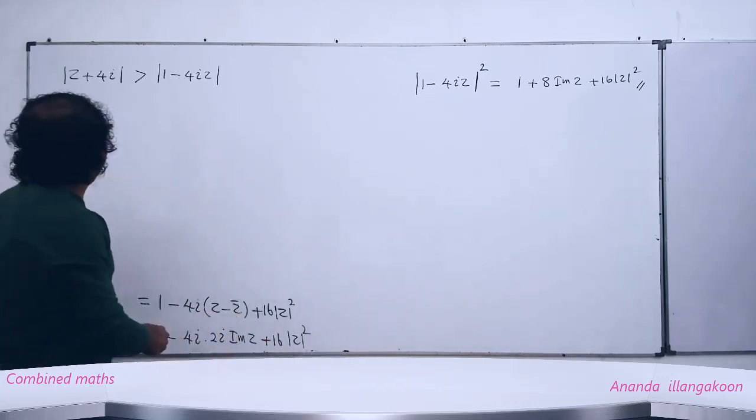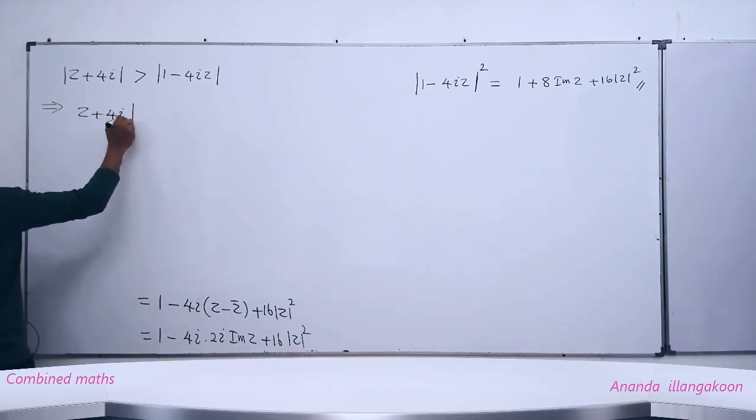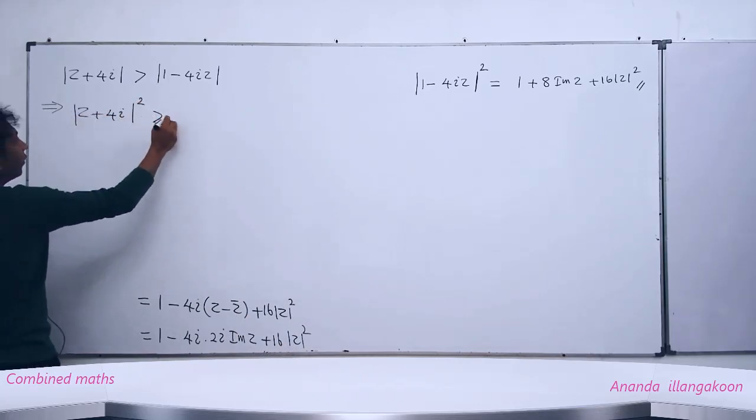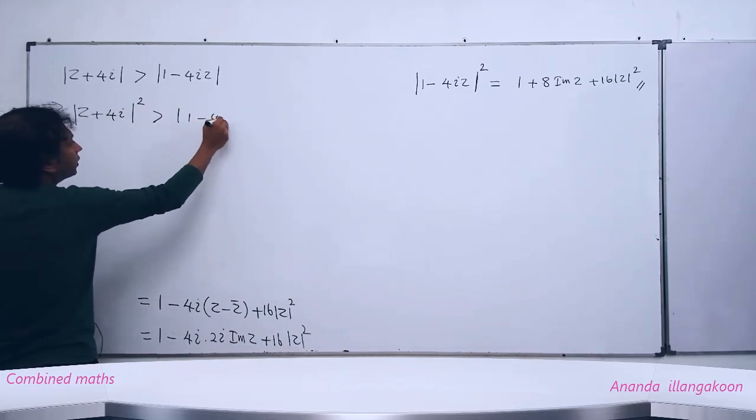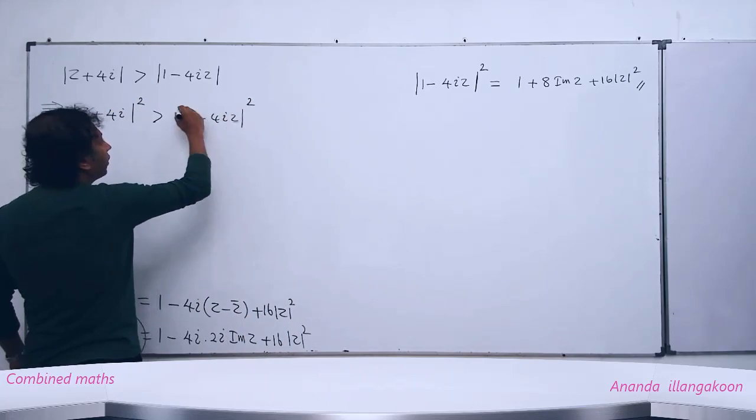Okay. So then we can write the modulus of z plus 4i squared, and the modulus of 1 minus 4i z squared.